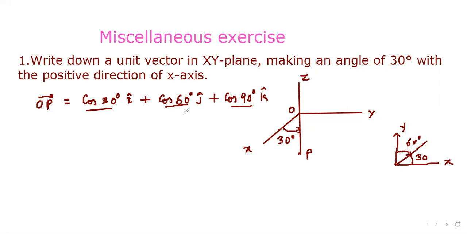Now here, if there is doubt, it can be understood that here this will be sine 30 degree perpendicular component, because if this angle is 30 degree, the component will be cos 30 degree and this component will be sine 30 degree, and sine 30 degree is same as cos 60 degree.